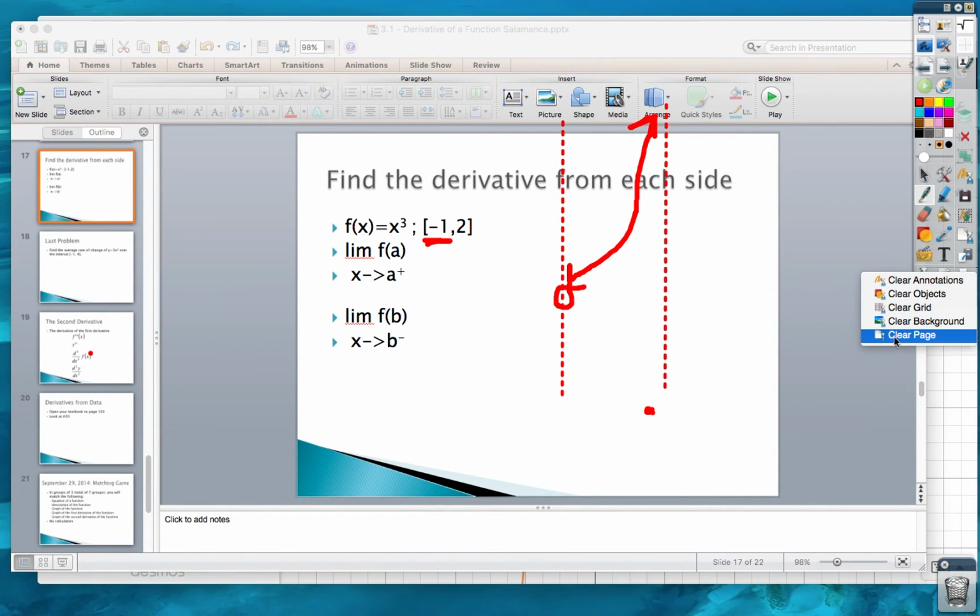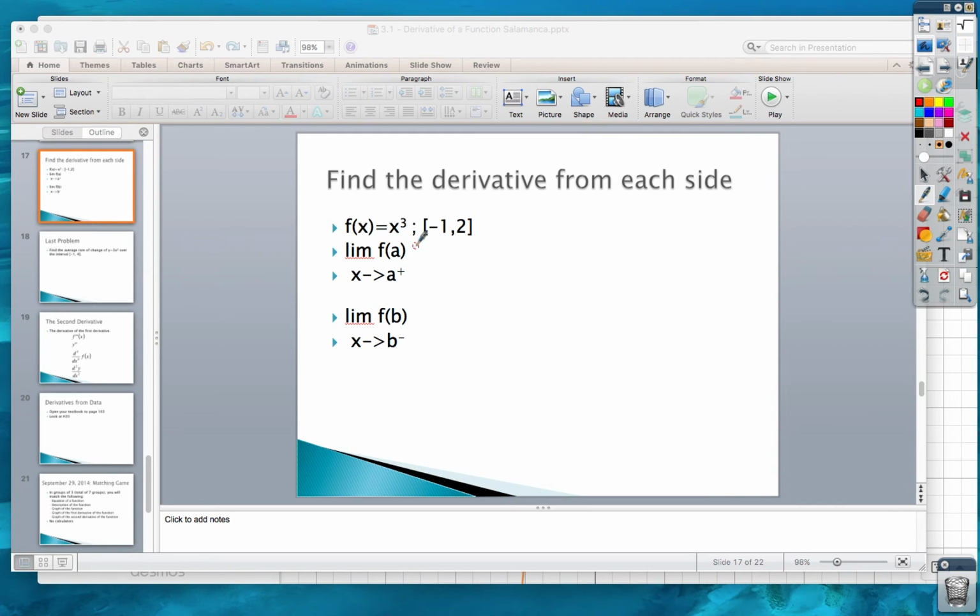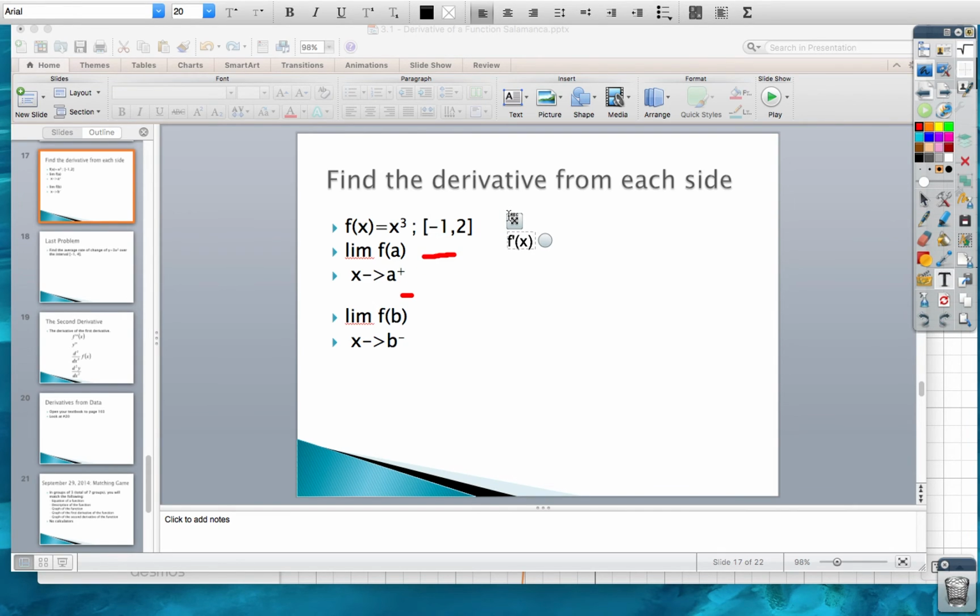So looking at this again, if I'm looking for the left-hand derivative at -1, we need to come from the positive side. I'm going to give you the f prime already to save us some time. So this becomes 3x squared. It will be that fast for you soon.